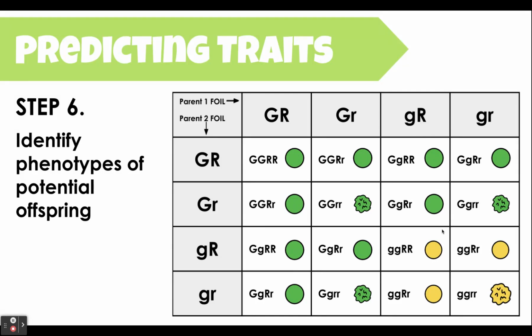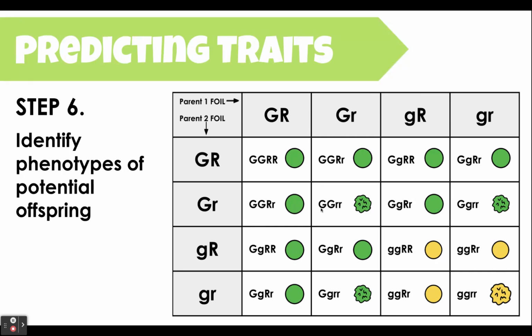In this case, the dominant version of the G trait is green. The recessive version of the G trait is yellow. The dominant version of the R trait is round. The recessive version of the R trait is wrinkled. So anywhere we see big G's and big R's, they're green and round.